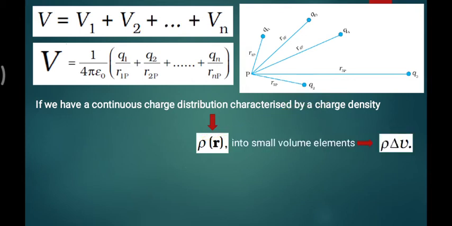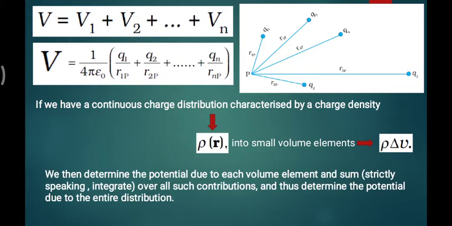If we take this rho times a small element, it is rho times delta v, which is nothing but the total charge of the system. Otherwise, the volume charge density rho is equal to delta q upon delta v. This is the exact expression.